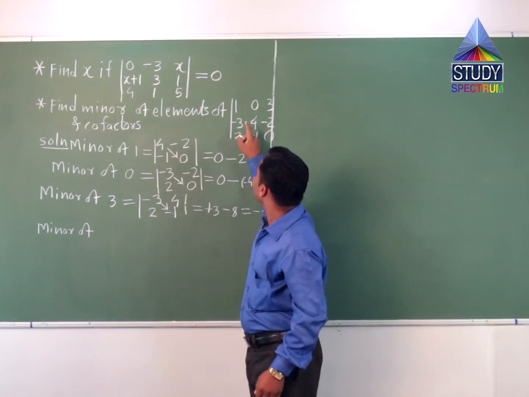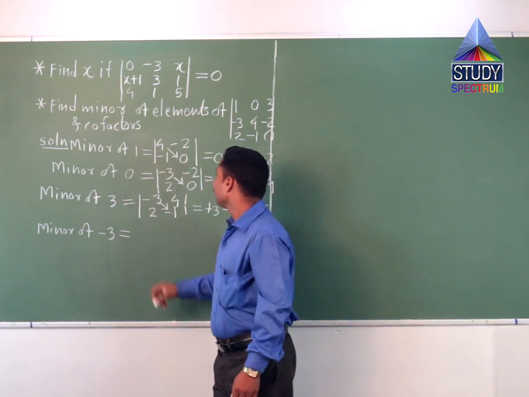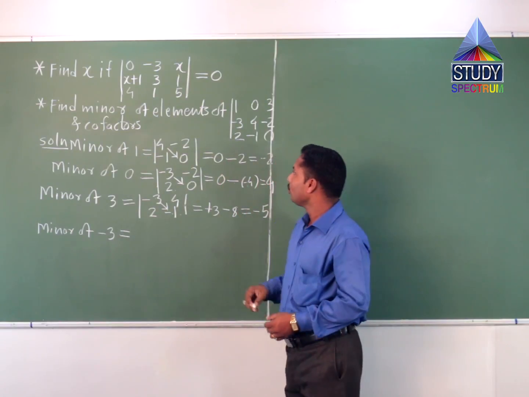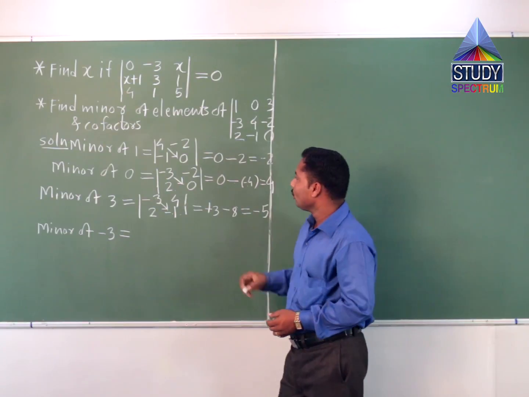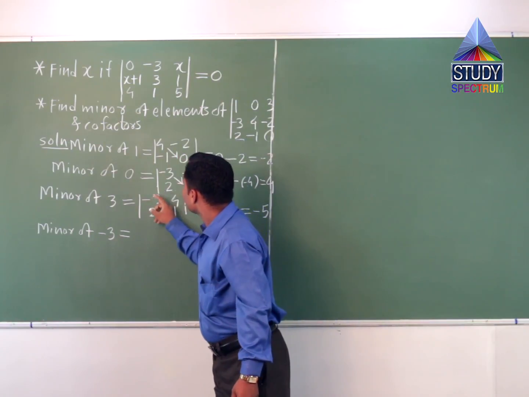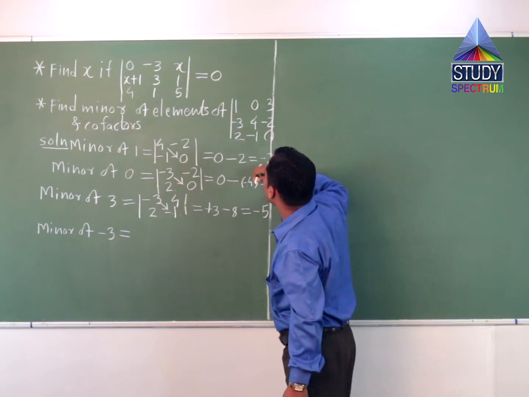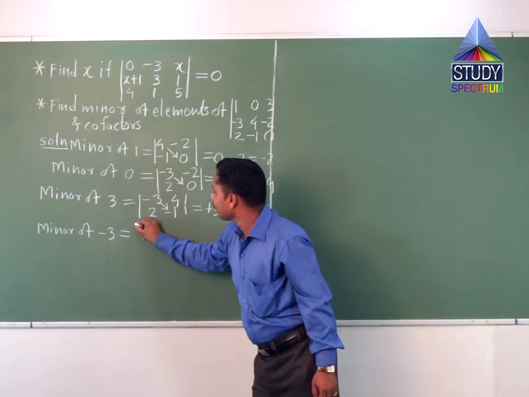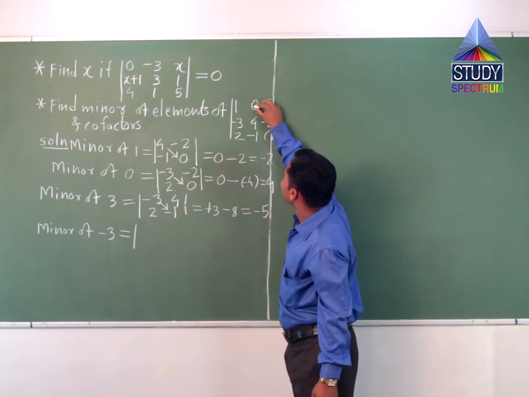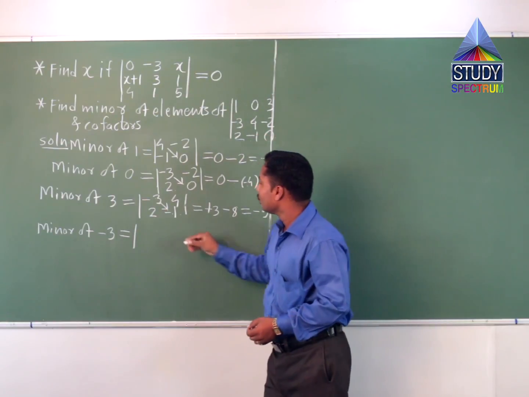Again we find a minor of this minus 3. Minor of this minus 3 equals, delete the row and column passing through this number. So what remains? Determinant of 0, 3, minus 1, 0.